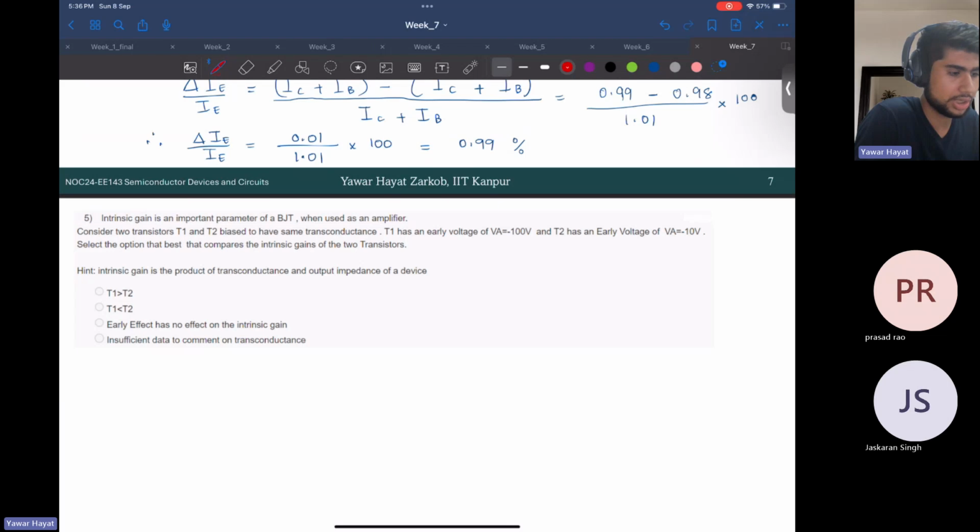T1 has an early voltage of VA equal to minus 100 volts, and T2 has an early voltage of VA equal to minus 10 volts. You need to select the option that best compares the intrinsic gains of the two transistors. So the hint is that the intrinsic gain is the product of the transconductance and the output impedance of a device. Please attempt this one.